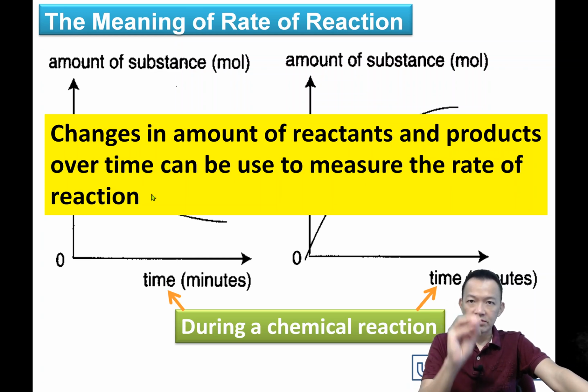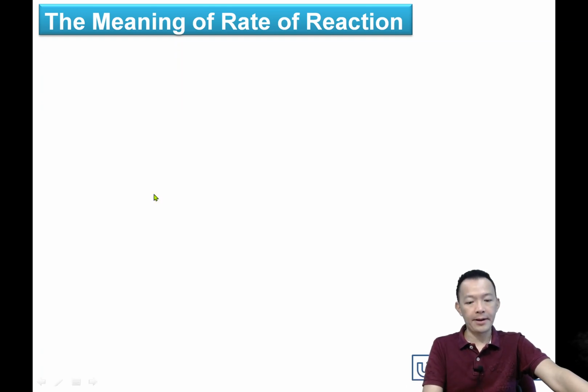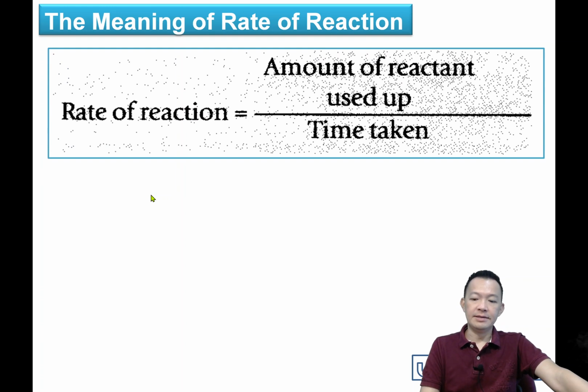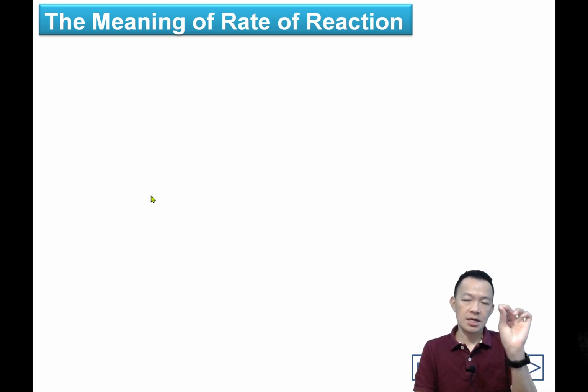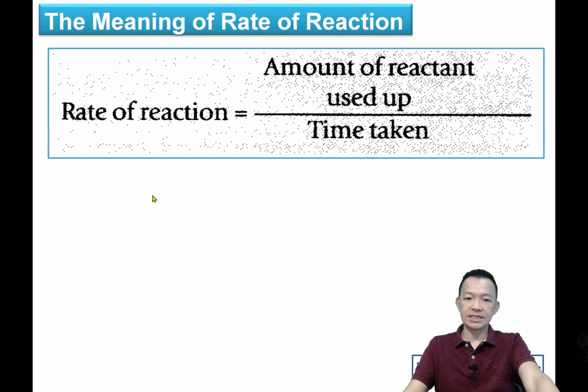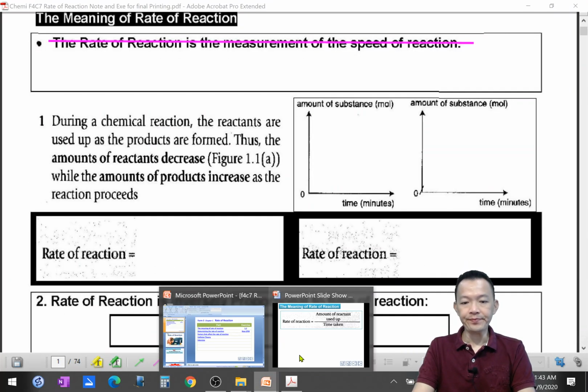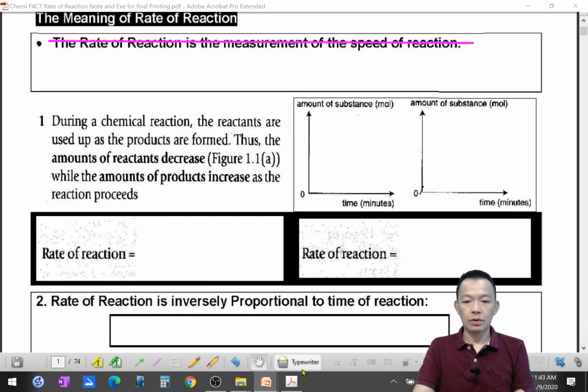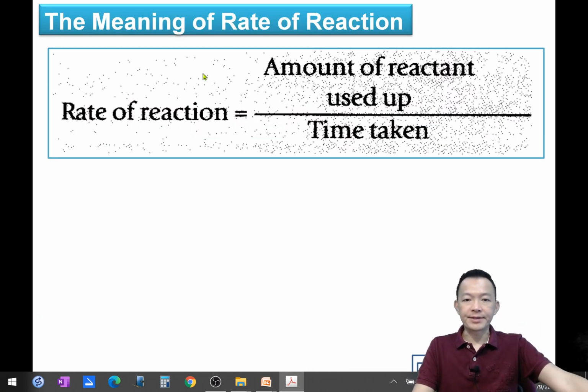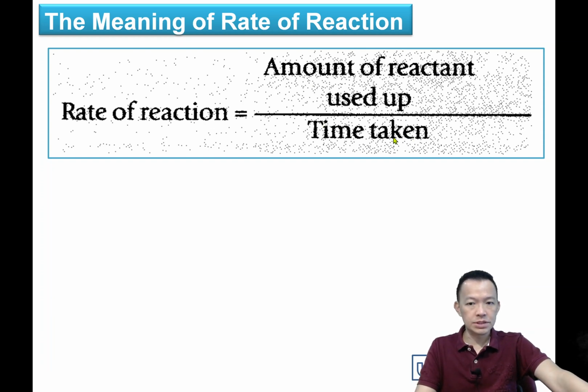If the reactant decreases fast or the product appears especially fast, it proves the chemical reaction is faster. So how do we measure the rate of reaction? Look at the reactant and product. This is a formula, copy on the notes page number 1. The rate of reaction is equal to the amount of reactant used up over the time.